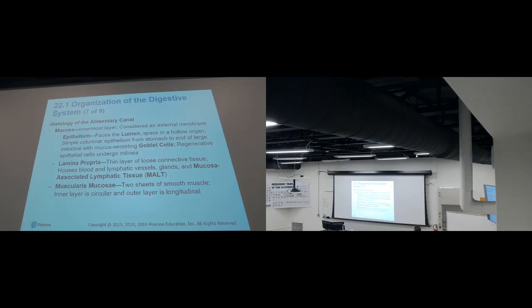And then the next layer of the wall of the alimentary canal is going to be the muscularis externa. So we have 2 layers of muscle in most of the alimentary canal, with the exception of the stomach, where we have 3 layers of muscle.